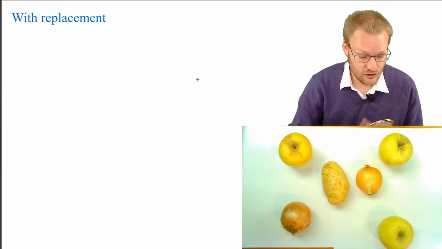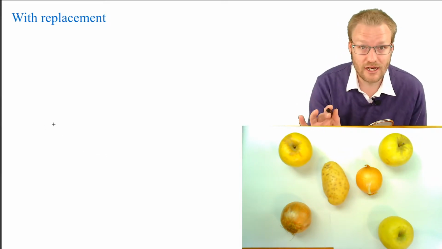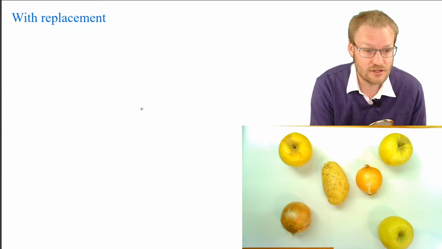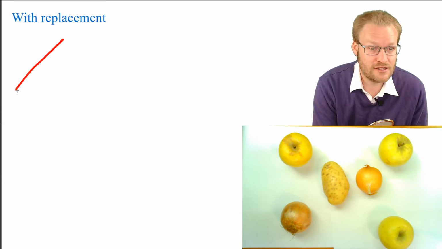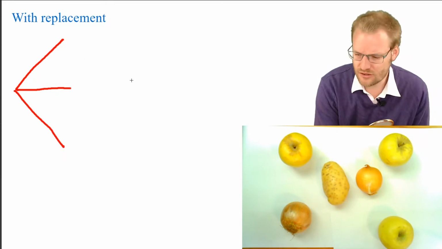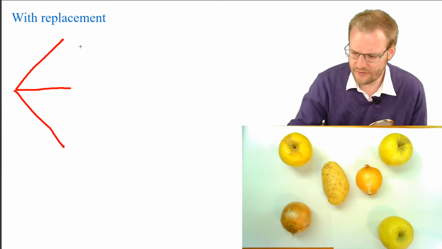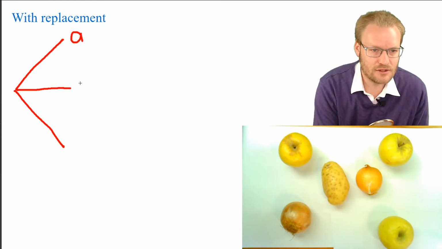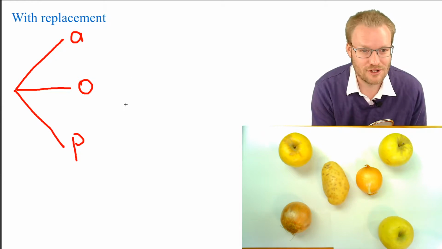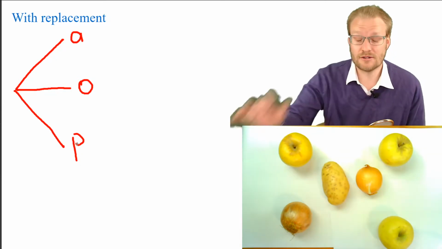In our tree diagram, because tree diagrams are useful, not the only way to show this, we're going to say, well, let's look at this and say we could have 3 different things going on. Okay, and what are the 3 different things that we could pick from? Well, we've got apples, we've got onions, and we've got potatoes. Well, 1 potato, but still. Those are 3 things we could pick out.